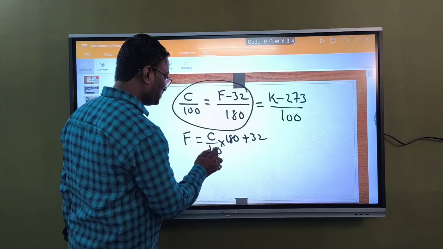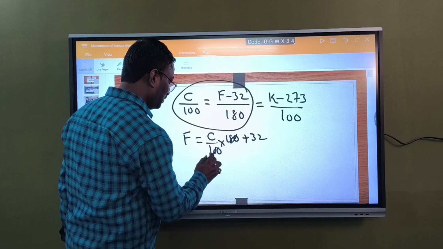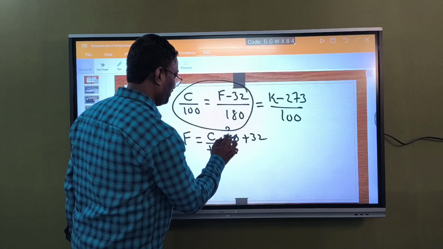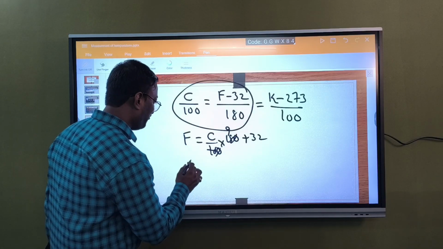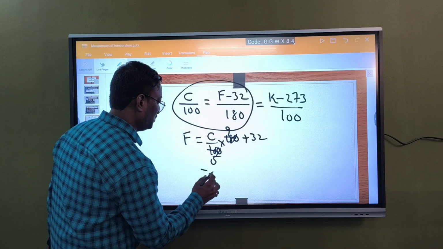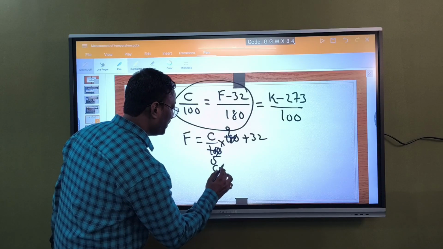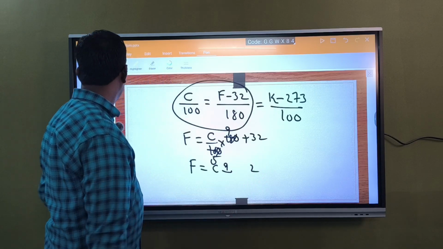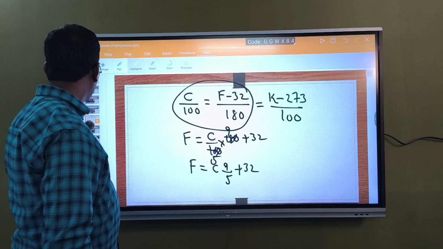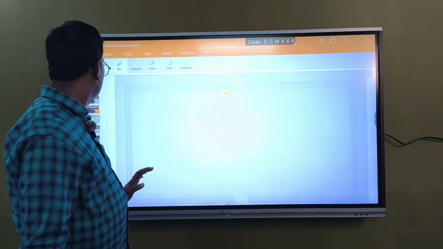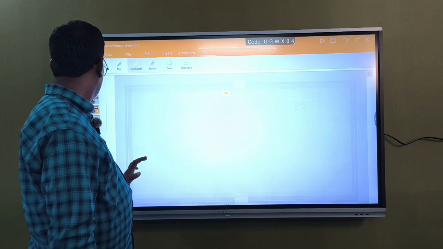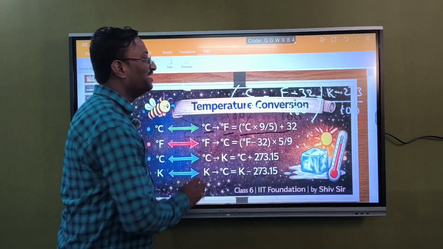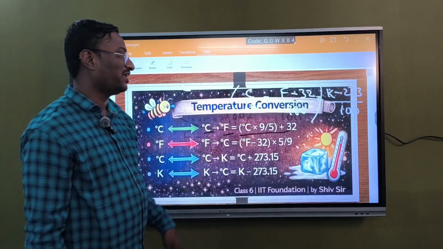So the zeros get cancelled, 2 1s are 2, 5 2s are 10, 2 9s are 18. So F is equal to C into 9 by 5 plus 32. Likewise, we got that formula.